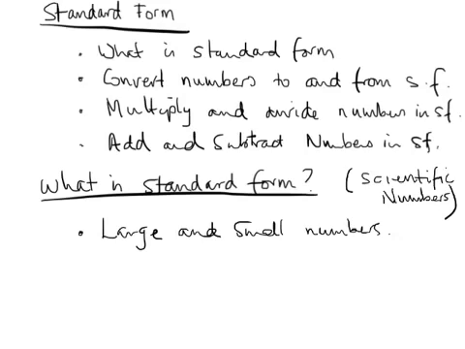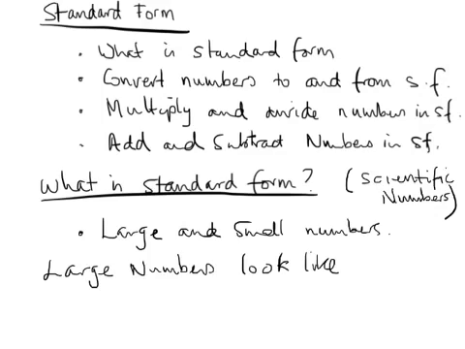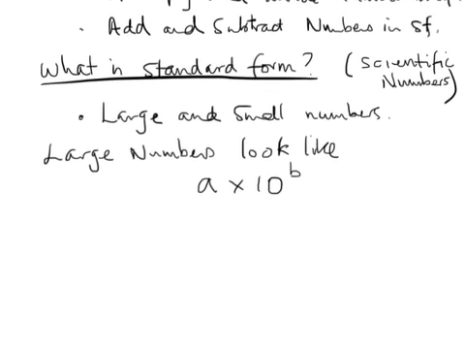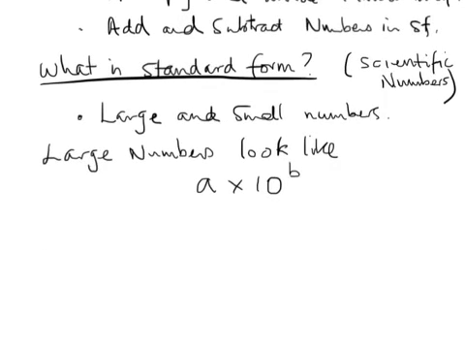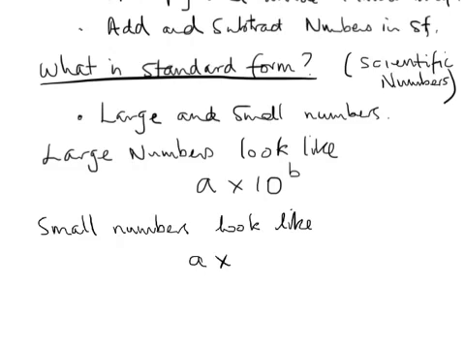A number in standard form looks like either of the following two. So large numbers look like this. They look like a times 10 to the b. Okay, that's what large numbers look like. And small numbers look very similar, a times 10 to the minus b.